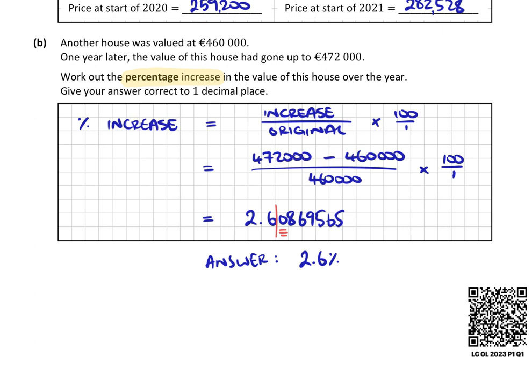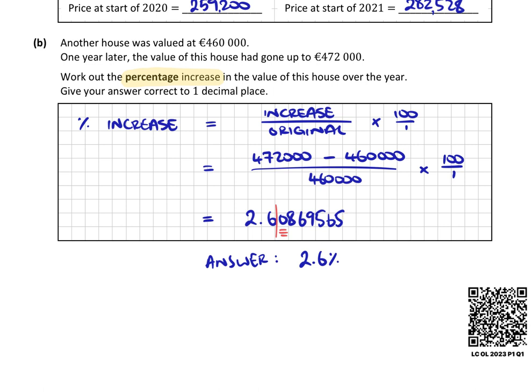And we divide that by the original amount, which we knew was 460,000. Again, to turn this fraction into a percentage, we multiply by 100 over 1. Your calculator can do all this. So just take out your calculator, type in all this, and you'll get this long answer here.